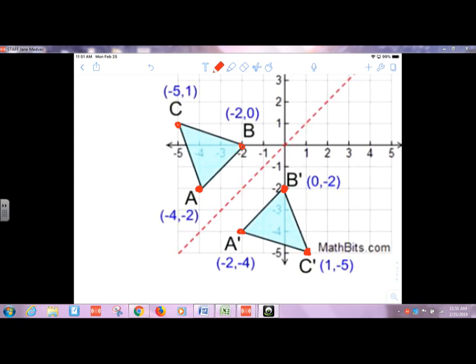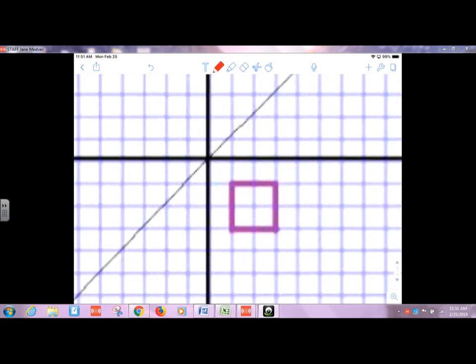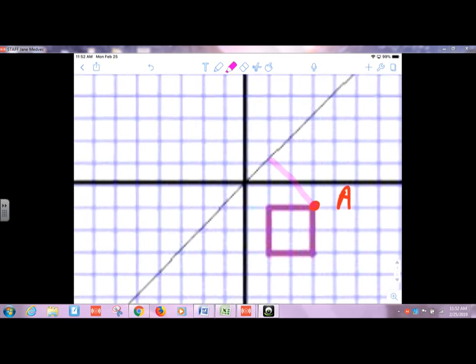Okay, let's take a look at an example that looks like this. I'm just going to do bare bones here to get you an idea, and when I do the other example, it'll be a little bit more detailed. But the main idea is let's say I call this A. Notice that this is 1, 2 away from that Y equals X. And so I'm going to go 2 in the opposite direction.